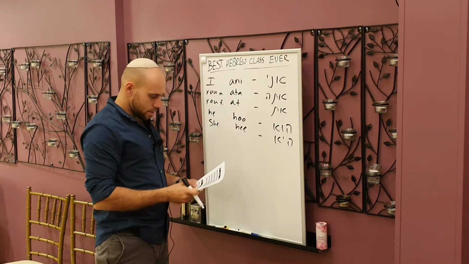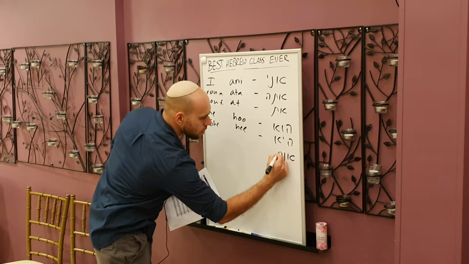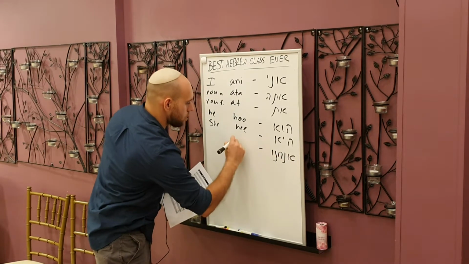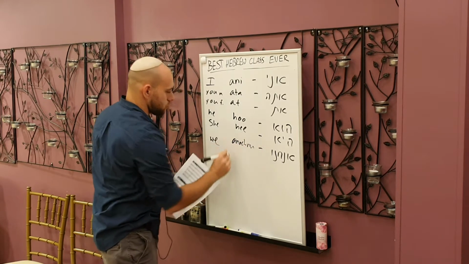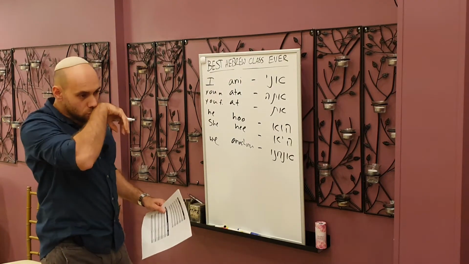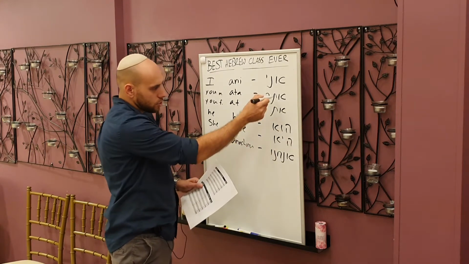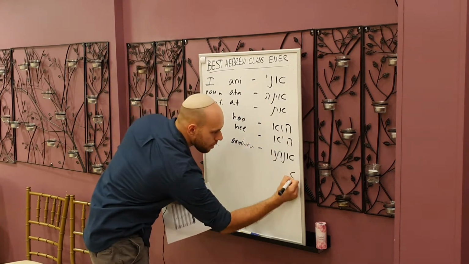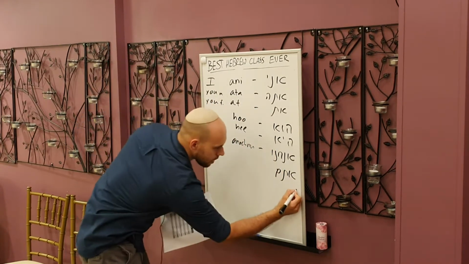And then you've got anachnu. It's we. And then you've got two ways to say you in the plural that correspond to ata and at. So the plural of ata is atem, and the plural of at is aten.